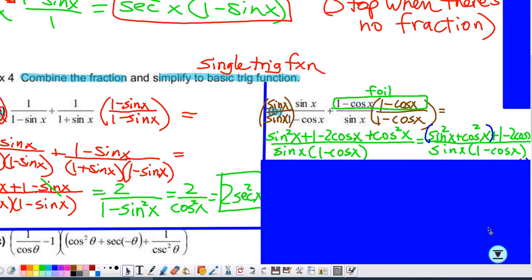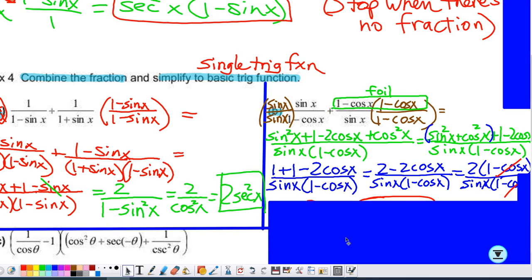And so therefore I can substitute for the parentheses I have in blue, sine squared x plus cosine squared x, 1. So my numerator becomes 1 plus 1 minus 2 cosine x. So 1 plus 1 is 2. I end up with 2 minus 2 cosine x.